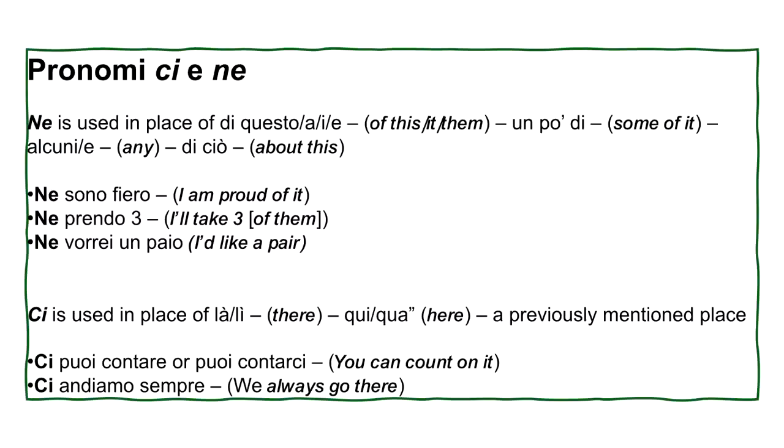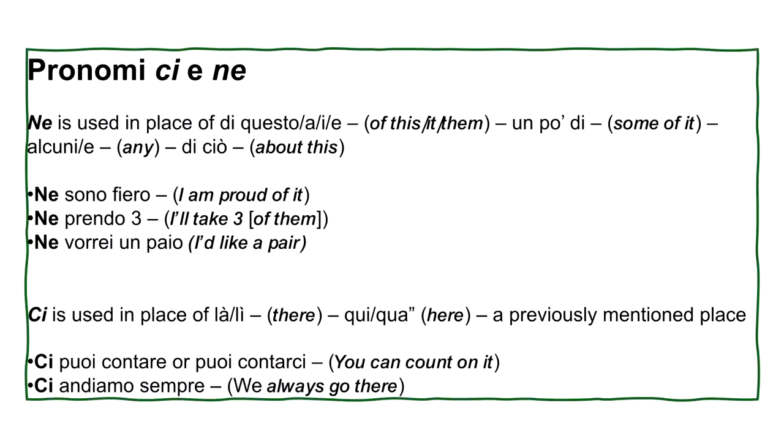You can use it for un po' di, a little bit of, some of it. You can use it for alcuni or alcune, any. Or you can use it for di ciò, about this. Let me give you an example.